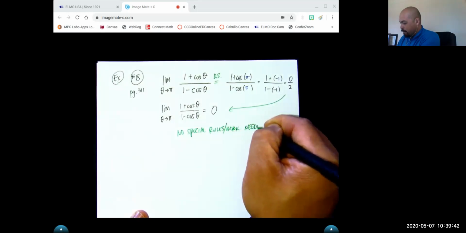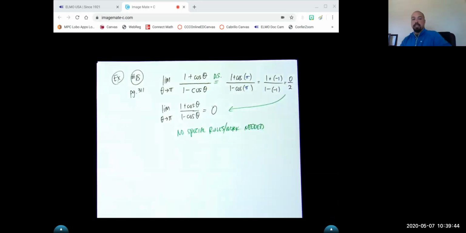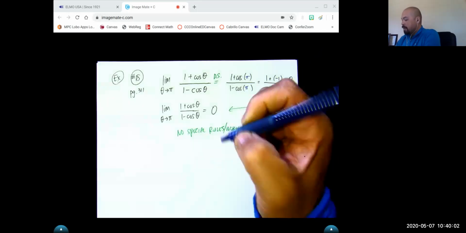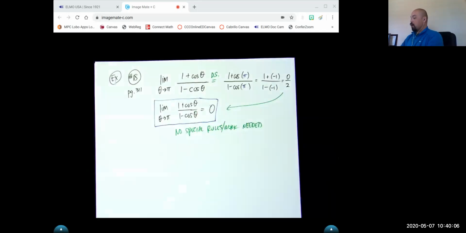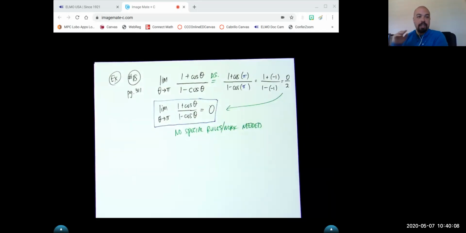We didn't get an indeterminate form. It wasn't 0 over 0 or infinity over infinity. So in this case, it's just a matter of plugging away and done. And we can go look at the graph and see that that's definitely where we're going. It's defined there. No issues there. And again, that probably just opens that discussion that a lot of times we learn a new trick and we just want to use it right away, but it might not be necessary.